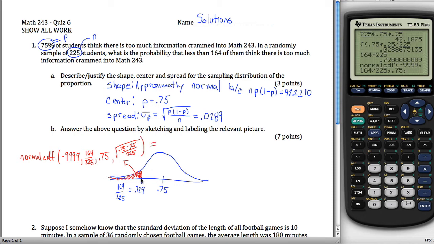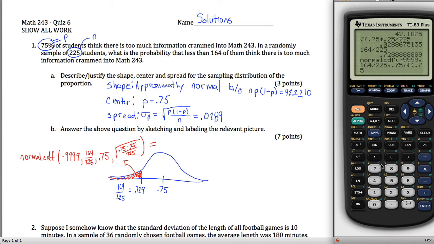You could be copying these numbers in, but I'm going to be as precise as I can. The square root of 0.75 times 0.25 divided by 225.